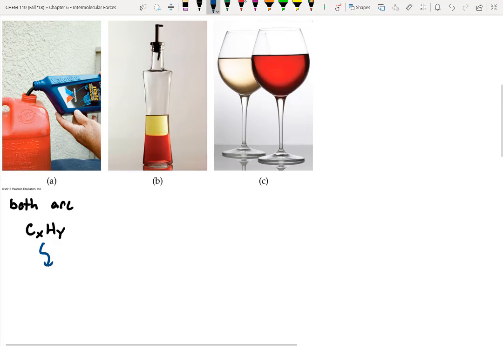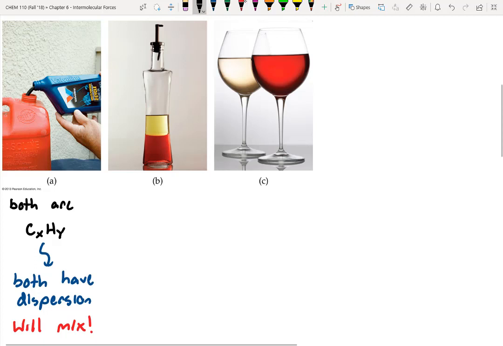That means the molecule can't be polar, which means it must be dispersion, right? Okay, so both have dispersion. That means they will mix. So it's a pretty easy predictor.